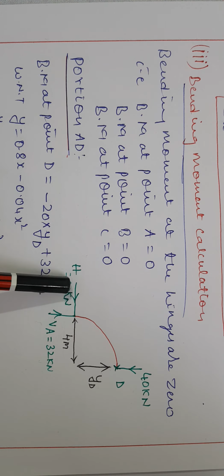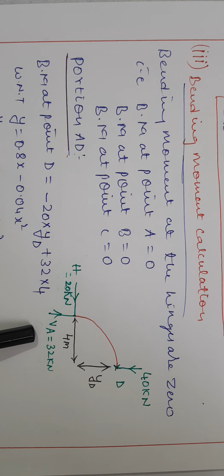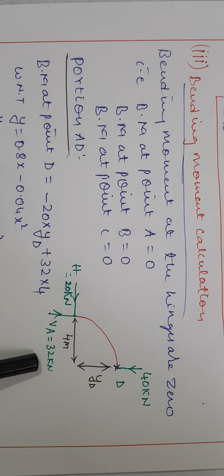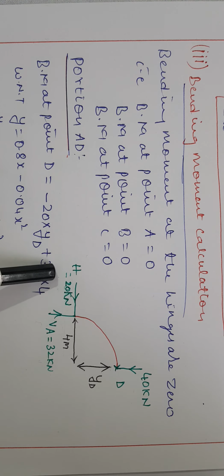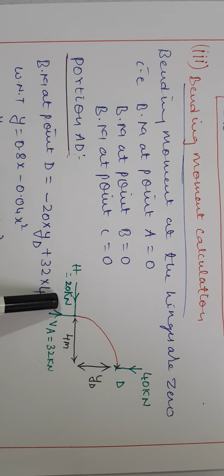I told you earlier, horizontal force is always considered negative. Vertical force moving upwards produces positive bending moment. Vertical force moving downwards produces negative bending moment. Here we have only one vertical force, moving upwards, so it will produce a positive bending moment. And the horizontal force of 20 kilonewton produces negative bending moment.